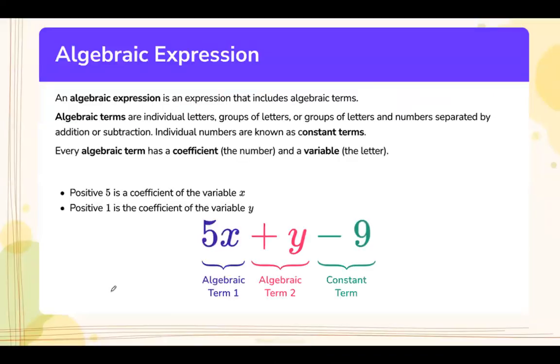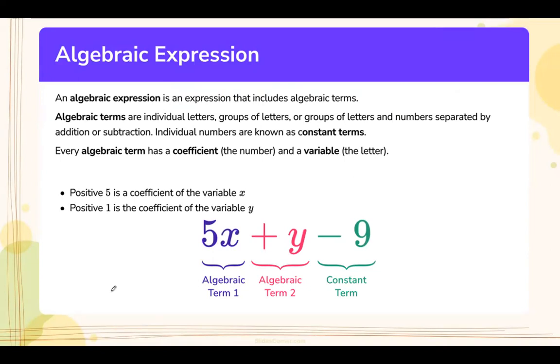All right. Let's now proceed. So now let's proceed to algebraic expressions. So in algebra, I think we really learned, even in your high school algebra, that we deal with letters. So an algebraic expression is, of course, an expression that includes algebraic terms.